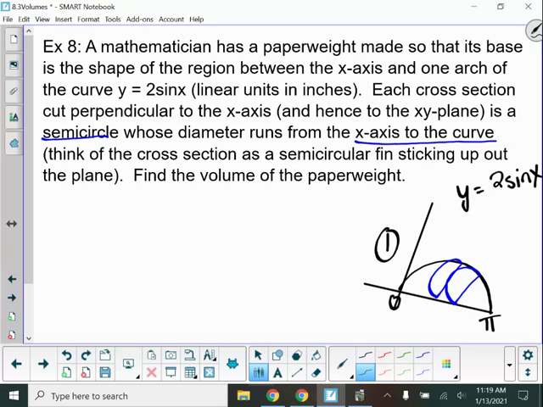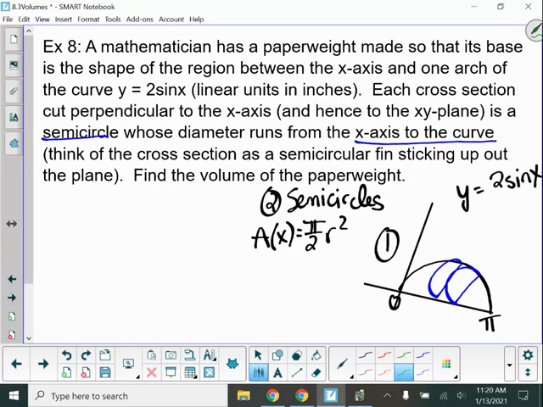Step 2, I know I have semicircles. Well, the area of a semicircle is pi over 2 r squared. So I just need to figure out what my radius is. Well, my radius would go from the halfway point out.